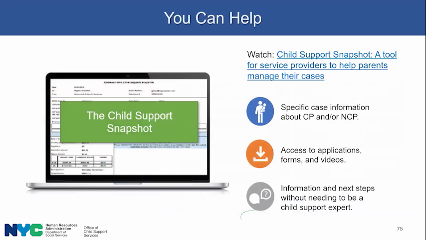As a service provider, you are uniquely positioned to identify family members in need of child support services. Your members trust the information, resources, and guidance that you give them. The child support Snapshot allows you to continue providing trusted guidance about their child support case. So, what is Snapshot?